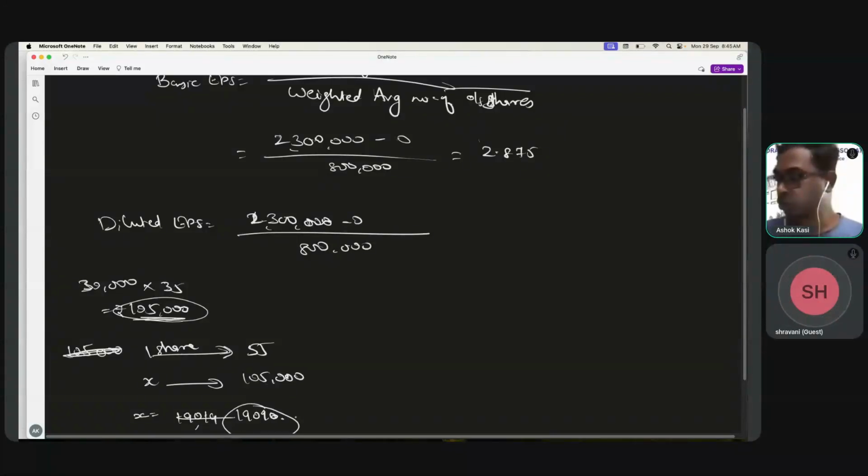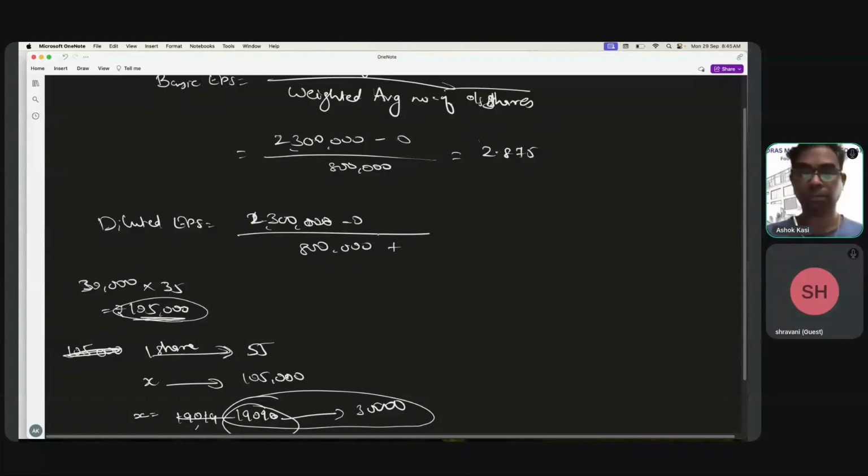I am supposed to issue 30,000. So the remaining is what I'm going to create. Just take the difference. 10,910.